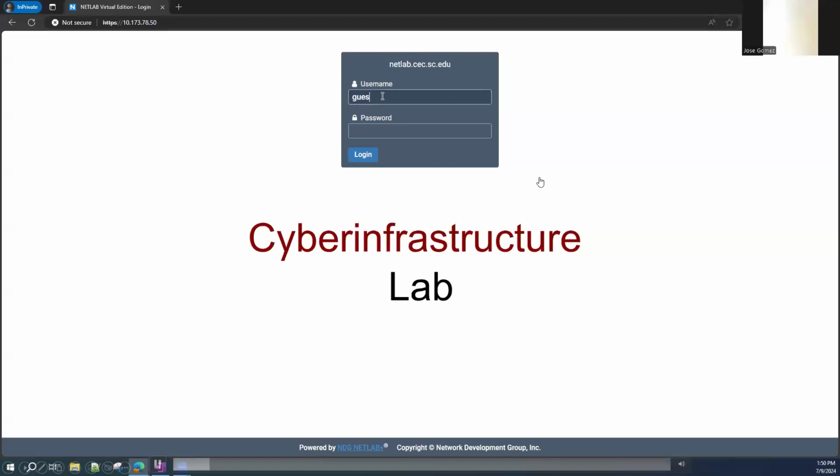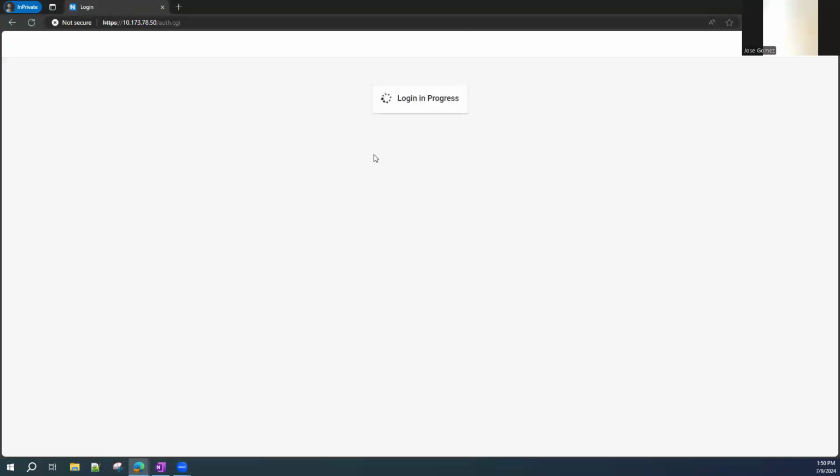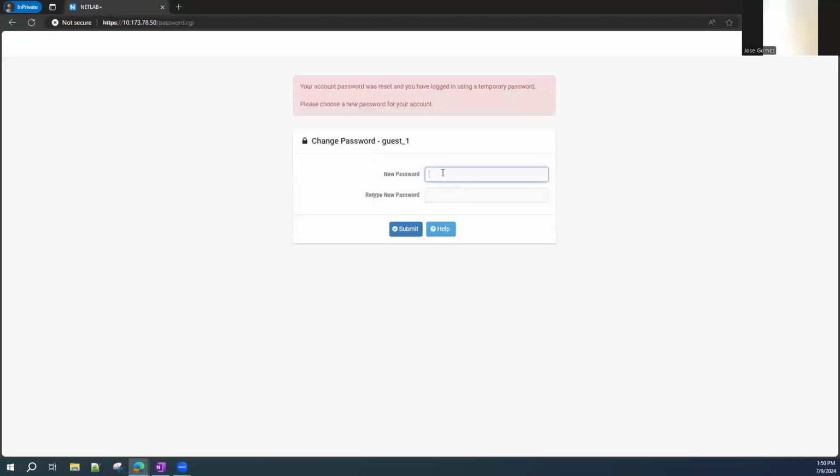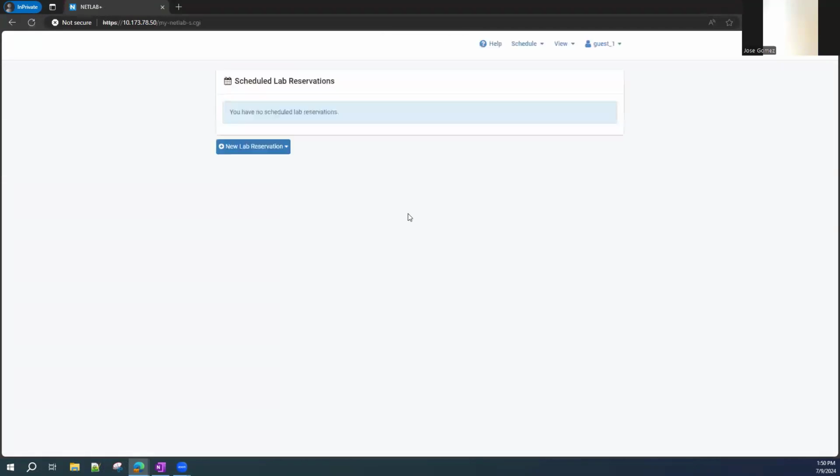So the first thing, we should have an account, and you can email Jose Gomez to give you the credentials. After you log in for the first time, it will prompt you to change the password. You can put your new password and confirm it. After that, you have to make a new lab reservation.